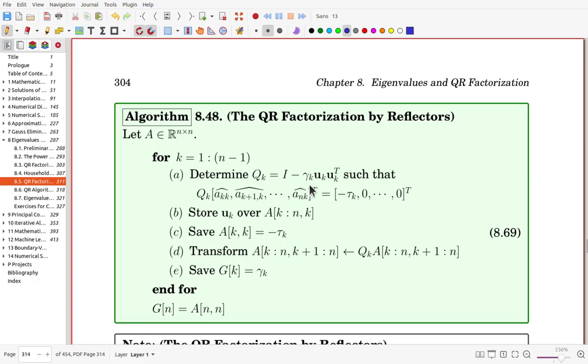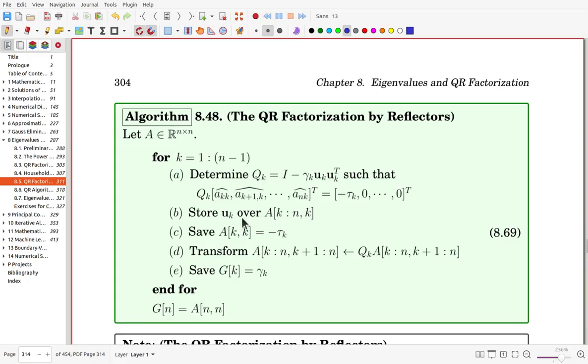Of course, we considered this one earlier: the pivot column will be transformed into a non-zero entry, and everything else below will be 0. Of course, this tau k is plus or minus the length of this pivot column. Now, gamma k will also be decided correspondingly. We know that.